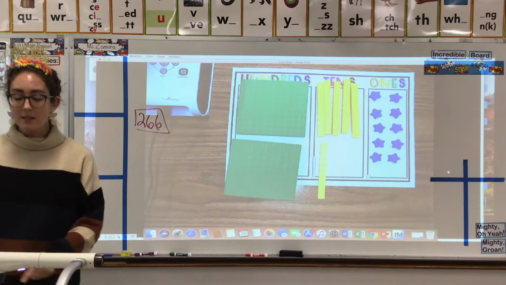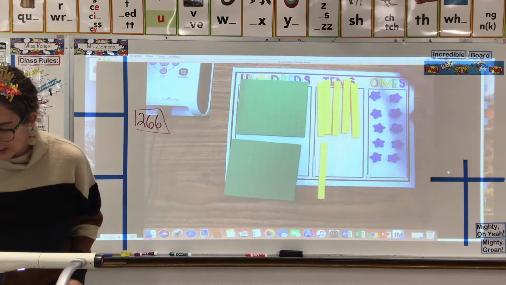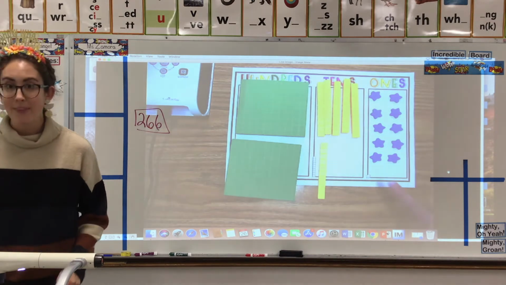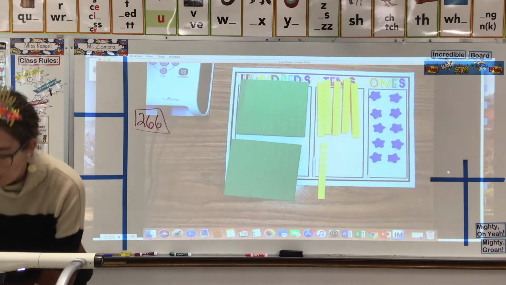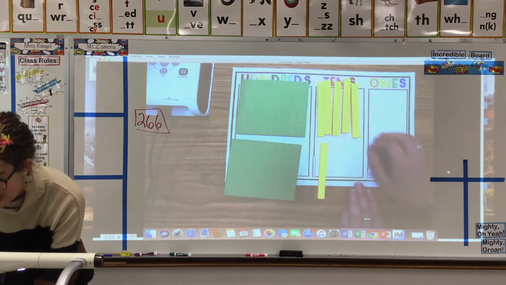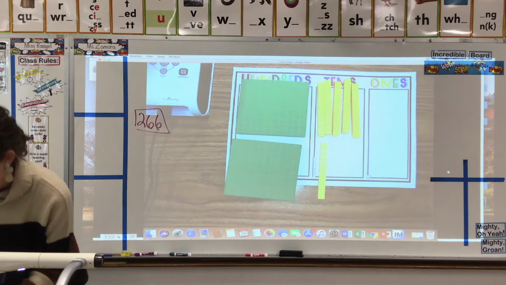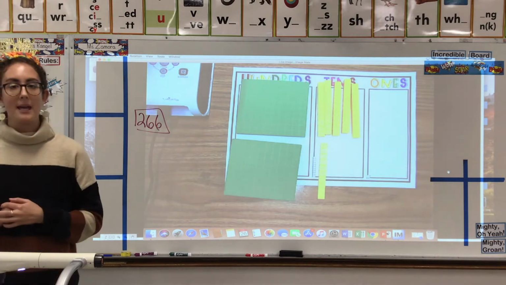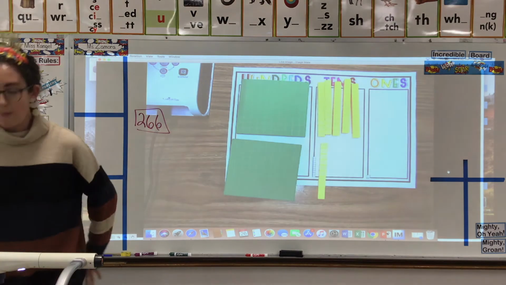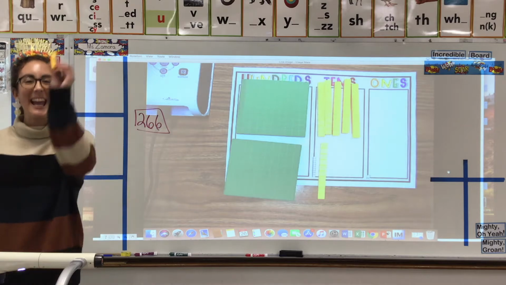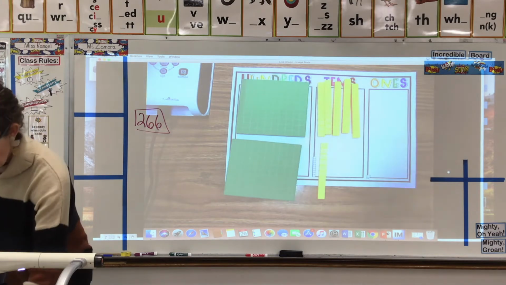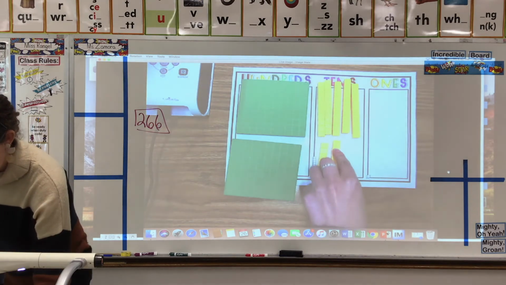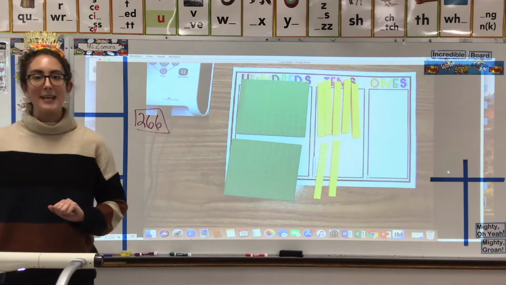Can we bundle at 270? Yes, we can. We can bundle our 10 ones. And what larger unit will we make? A 10, of course. So go ahead and make sure you've bundled for a 10.